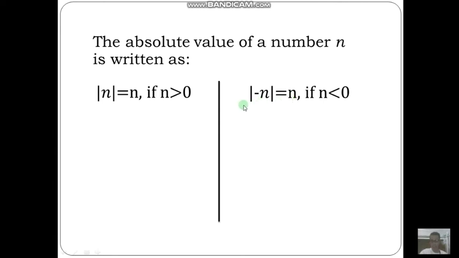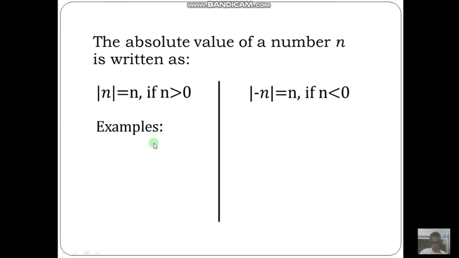So meaning guys, whether it is a positive or negative value, when we determine the absolute value of these two numbers, the result is still positive, right?